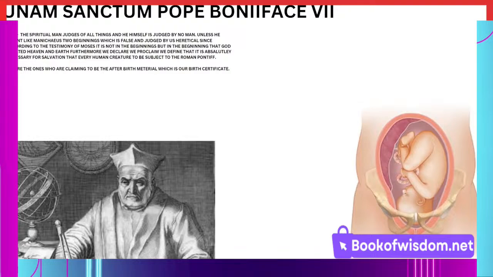However, as it says in the second part, we proclaim, we define that it's absolutely necessary for salvation that every human creature be subject to the Roman pontiff. So they are subjecting the afterbirth, not the man with the body, mind and soul, but the afterbirth, to the Roman pontiff, to the Roman Catholic Church.